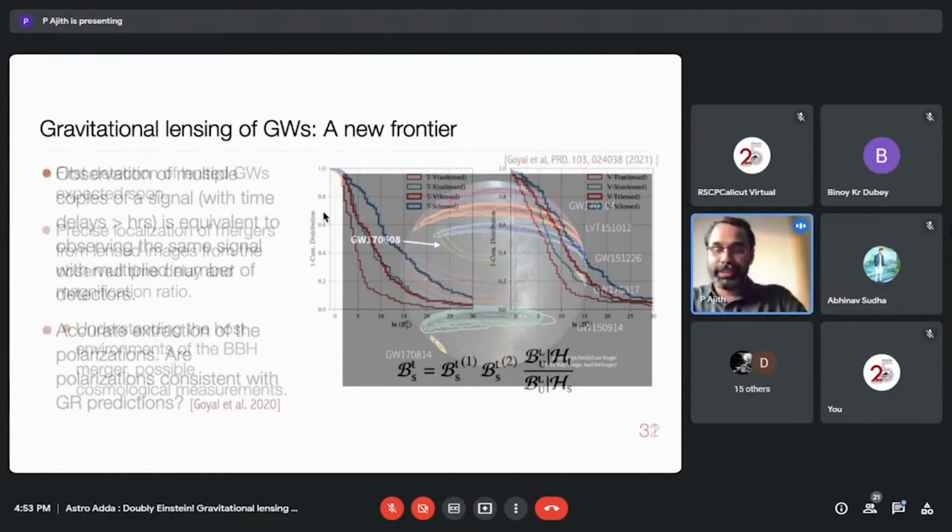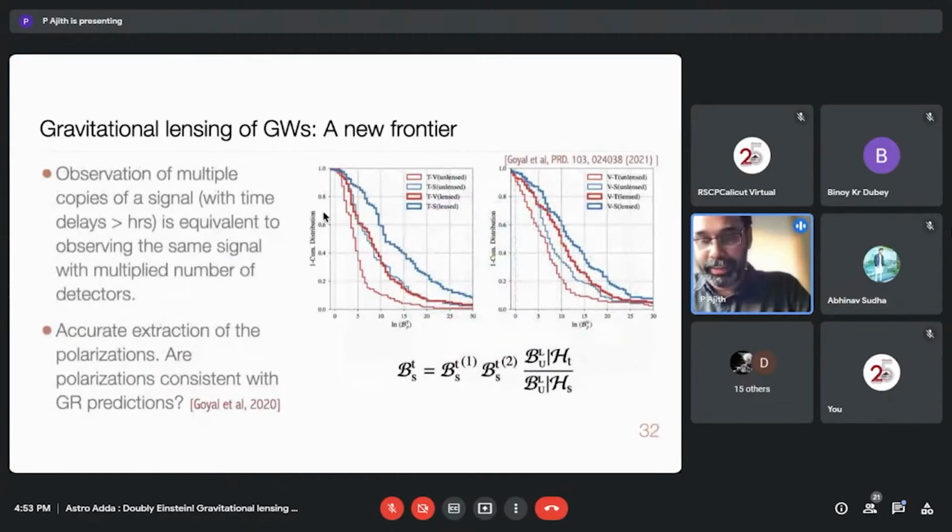One could also use the lensing of gravitational waves to understand the nature of gravity itself, or the nature of gravitational waves. And here also the idea is quite clever, I think. According to Einstein's theory, gravitational waves have two polarizations, just like the case of light, electromagnetic waves.